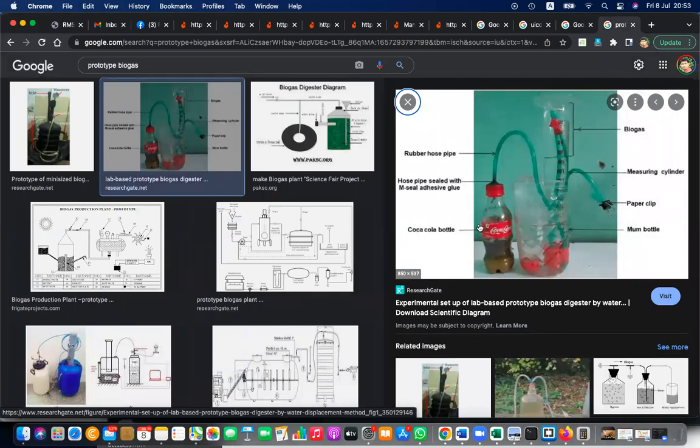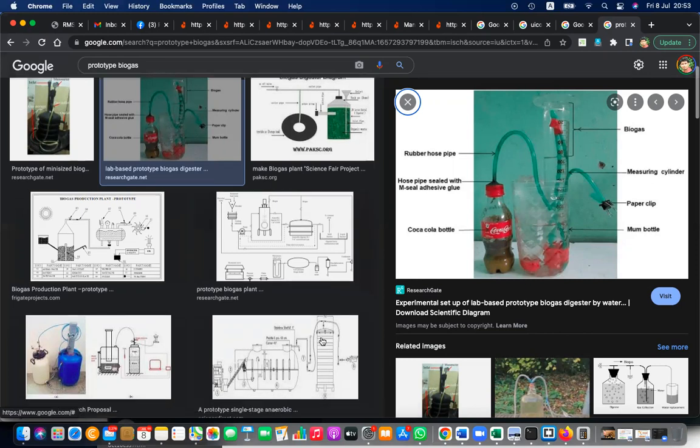Because the Coca-Cola bottle cannot be used as an actual biogas plant. No, this is a model, right? They're just using a Coca-Cola bottle and some pipe to move the gas. This gas is then sent to a bottle, and through the bottle there's another bottle, so you have to watch the video and get an idea.